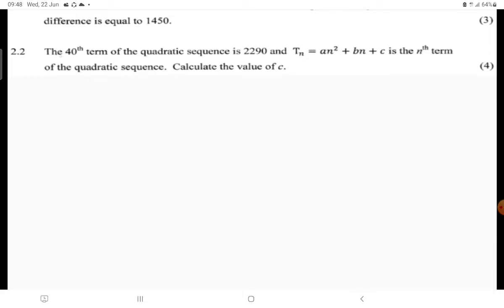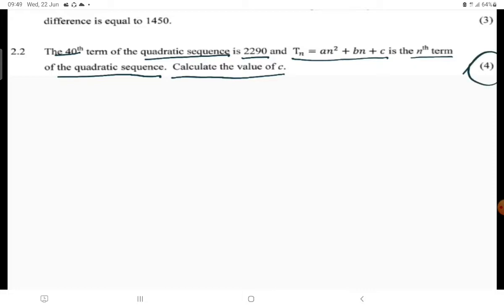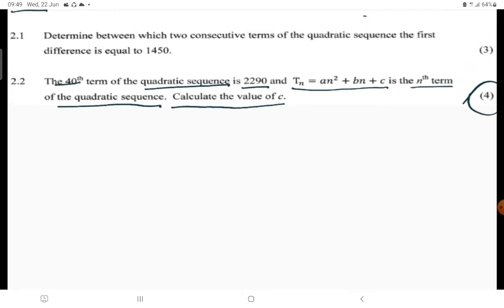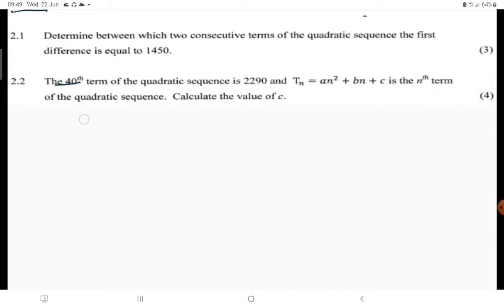The 40th term of the quadratic sequence is equal to 2219, and this general term is the general term of a quadratic sequence. So then calculate the value of c. You can see that we have 4 marks there. So how do we go about doing this? You can pause the video and try it, and then come back for the solution.